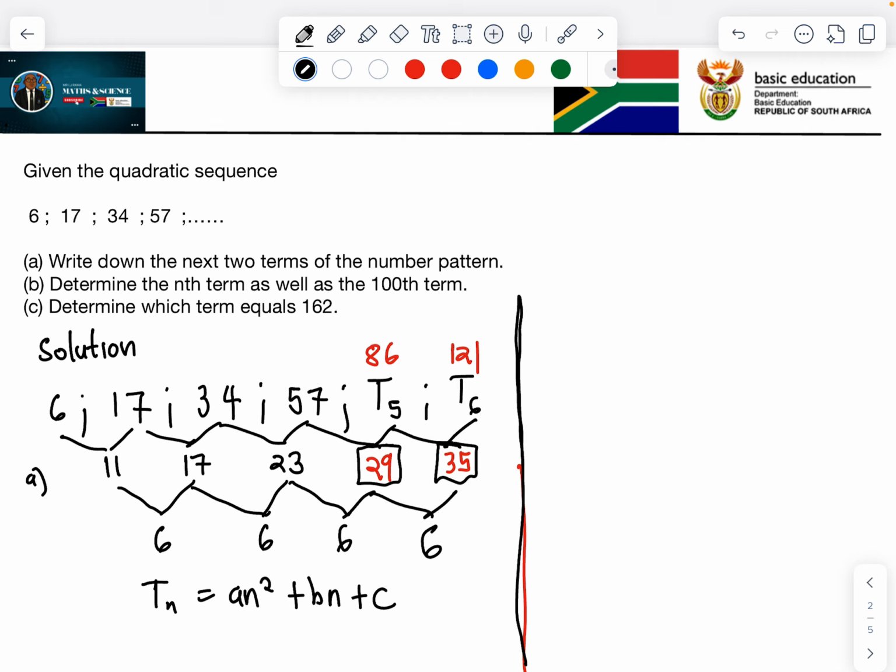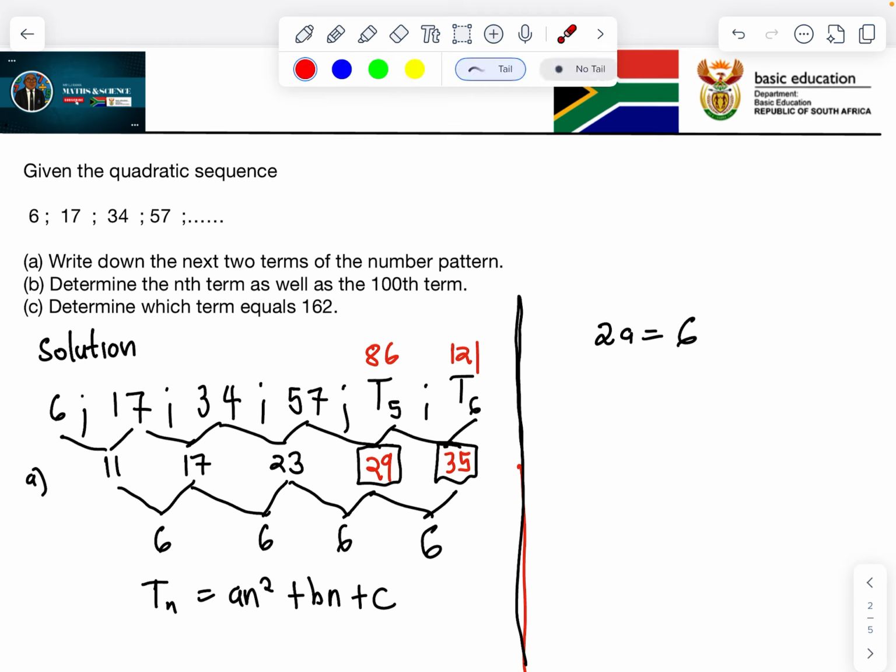So now we need to get a, we need to get b, we need to get c. To get a, remember what we said? a is half of the second difference. So to get a, we say 2a is equal to the second difference. And the second difference in this case is 6.